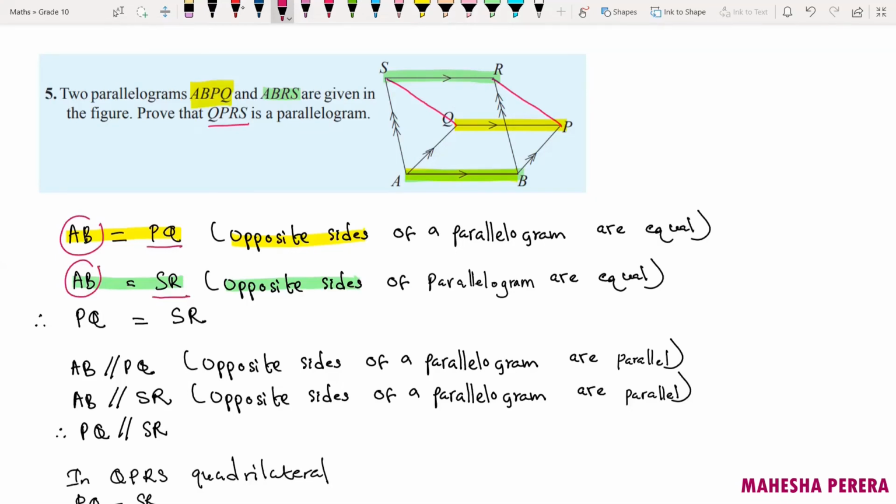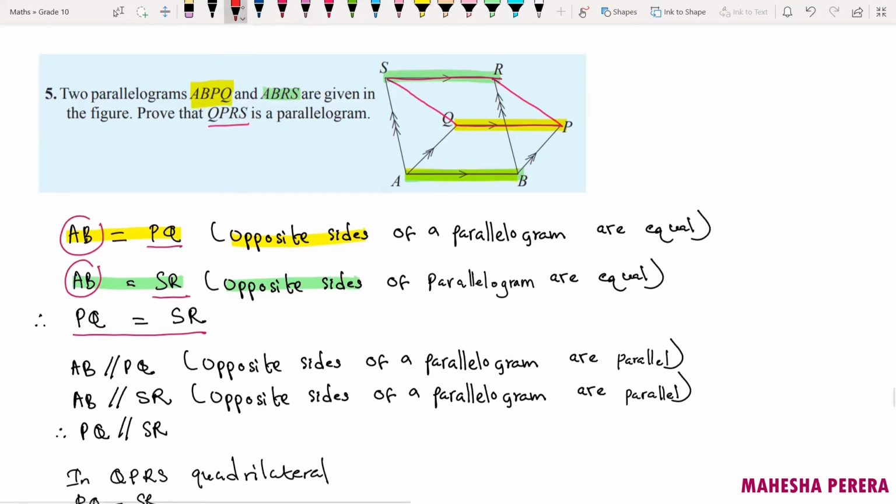So you can say therefore PQ equals SR, right? Now where are these two sides? These are inside our quadrilateral. The quadrilateral that we try to prove as a parallelogram, right? PQ is here, right? And SR is over here.